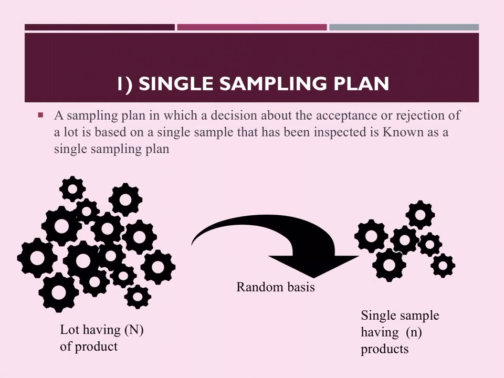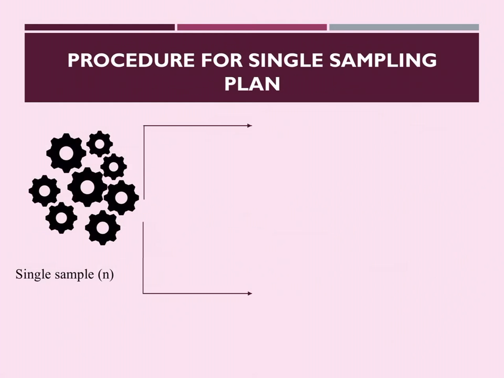A single sampling plan is simply a sampling plan in which the decision about acceptance or rejection of a lot is based on a single sample that has been inspected. In this single sample, we find the defective pieces and compare it with the acceptance number.